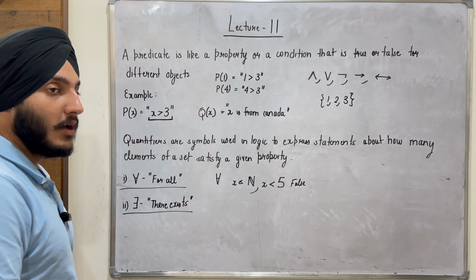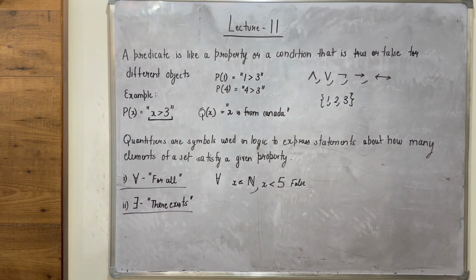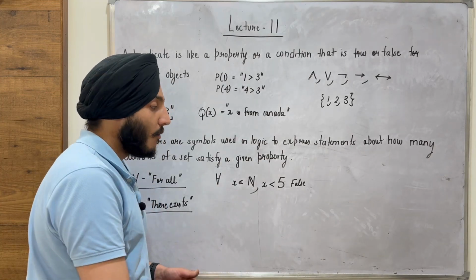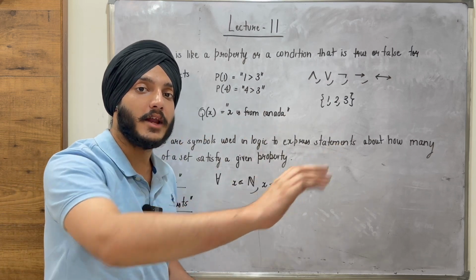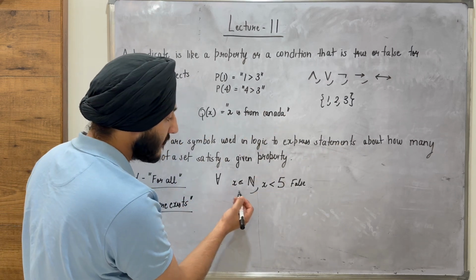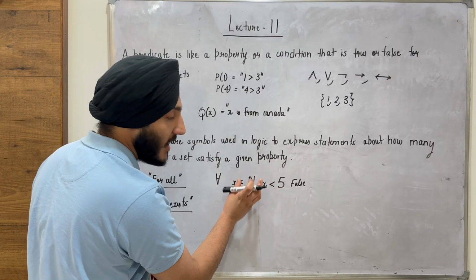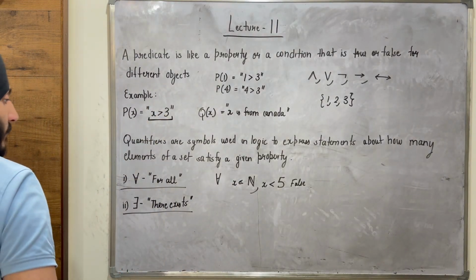So a basic summary of for all is that whenever I'm using a for all in my predicate, I'm saying it is true or false for that entire condition. For all of x, x is less than 5 means that all the values inside the natural number set are less than 5. Let's try to give you another example.